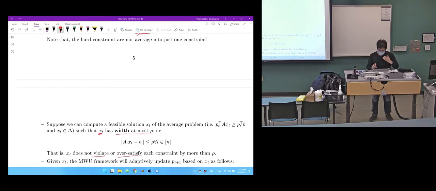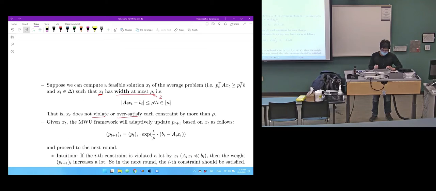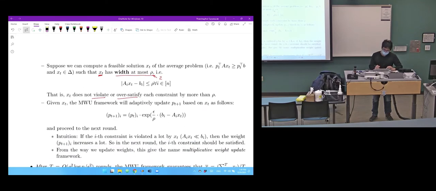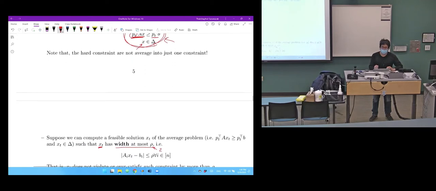In our case, this is going to be something like 2. If you can do this, then you proceed to the next round and keep doing this for different p_t.